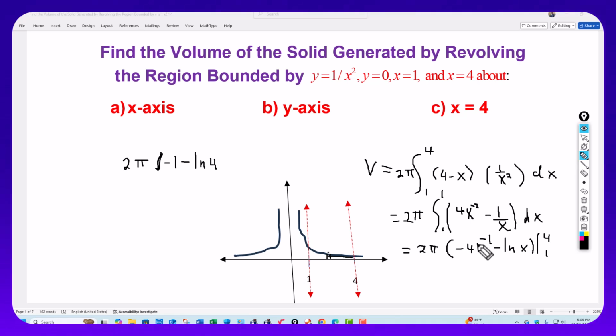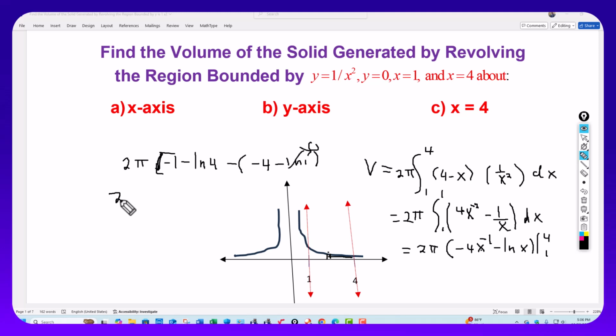Now put a 1 there: 1 to the negative 1 is 1, so this would be a minus 4. And then put a 1 where the x is, it'd be minus ln of 1, which is 0.